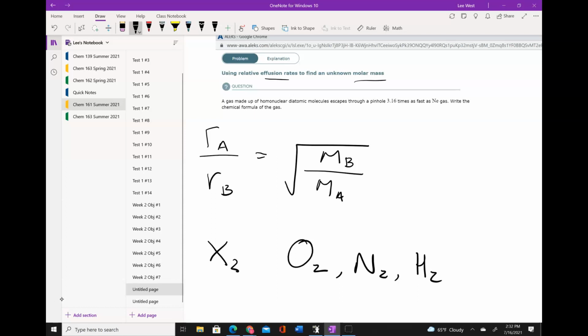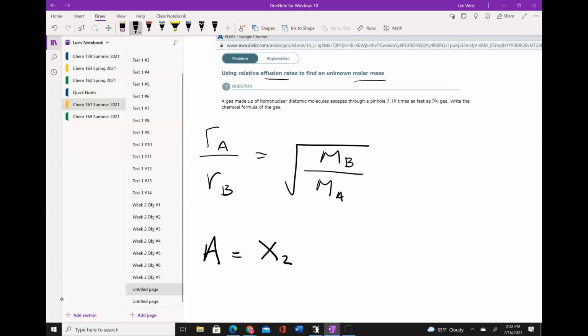It's a gas that's made up of two of the same atoms stuck together. So homonuclear diatomic. I'm going to assign one of these gases to being that. I'm going to say that A is my homonuclear diatomic, so that's going to be my top one there.